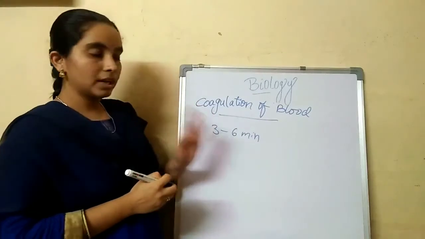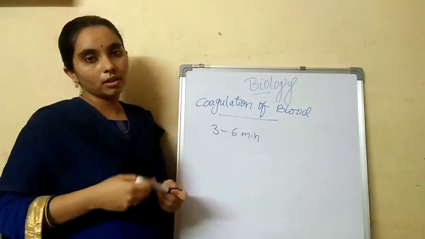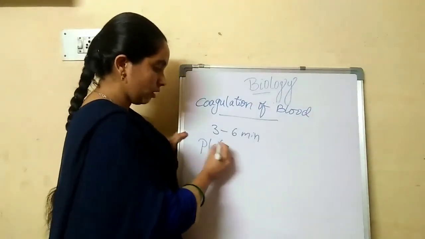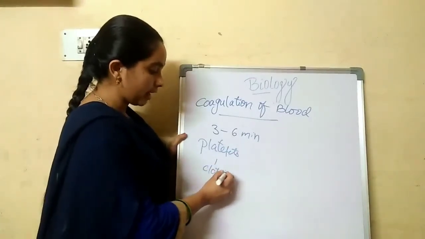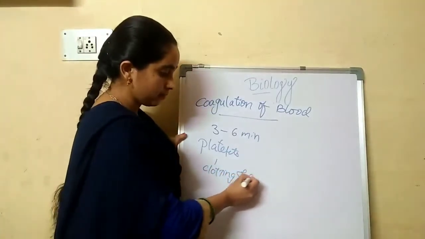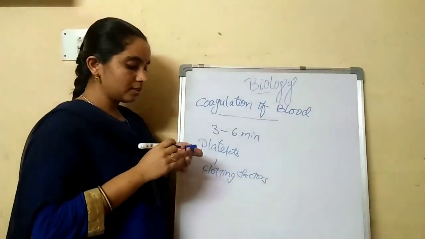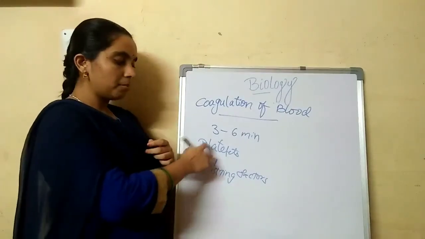This coagulation of blood is mainly the responsibility of blood cells called platelets. These platelets have clotting factors, which are nothing but the proteins or enzymes present in the platelets.